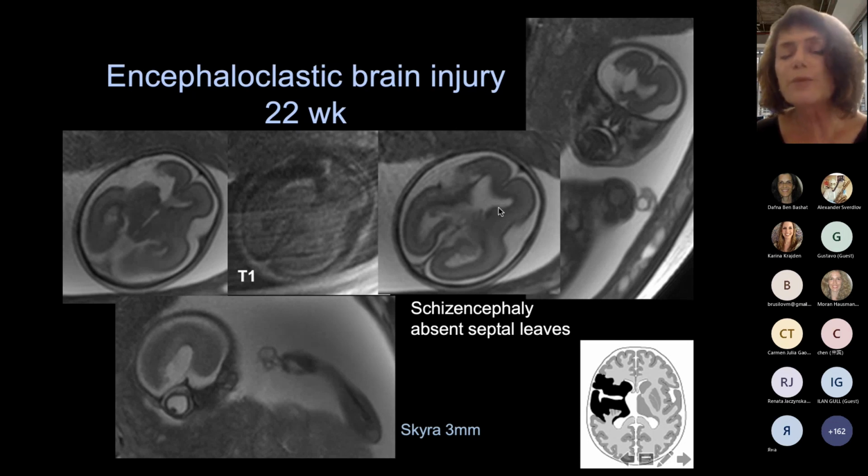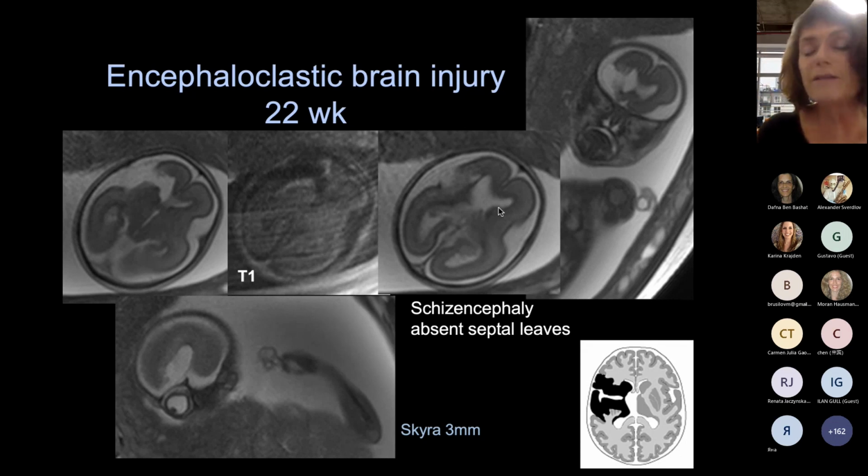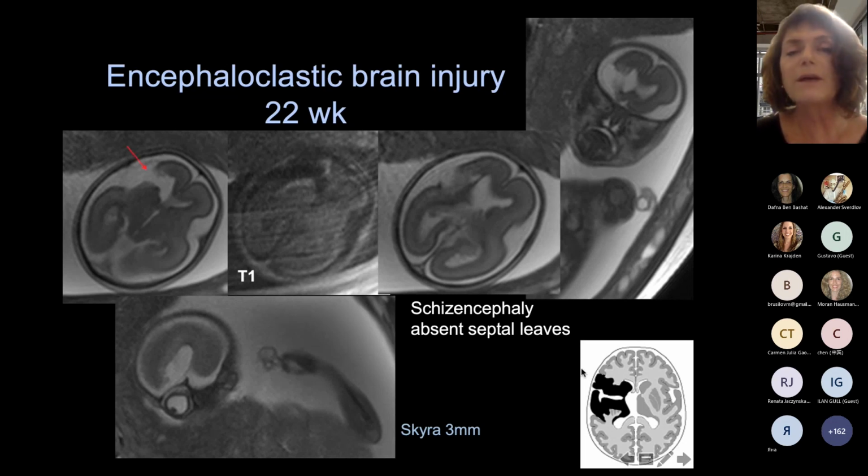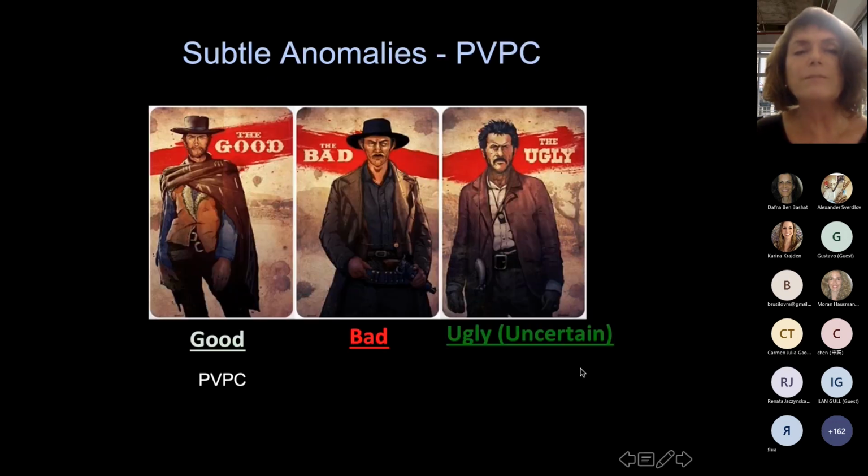These children can present for ultrasound, and they are often referred for MRI because of absent leaves of the cavum septum pellucidum, as in SOD. And it's important to demonstrate the more peripheral aspect of the schizencephaly, which can be very subtle sometimes and not seen very typically. You can see it here.